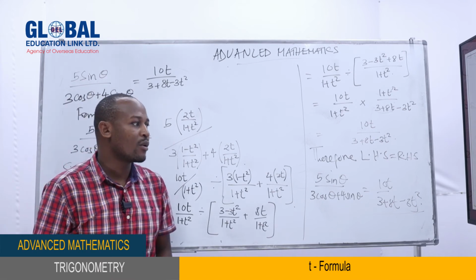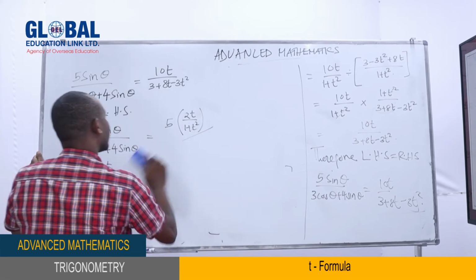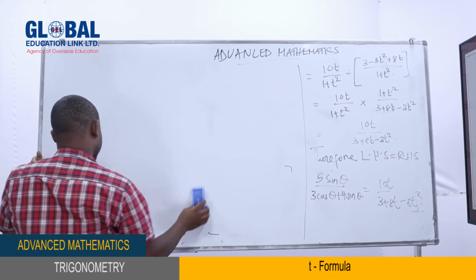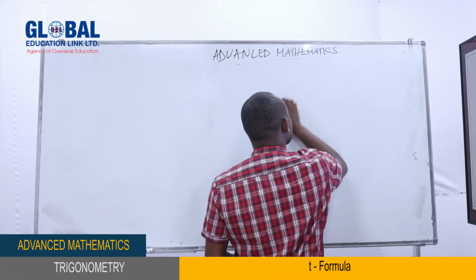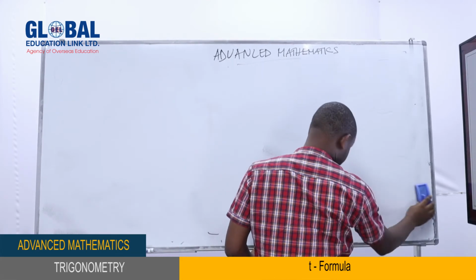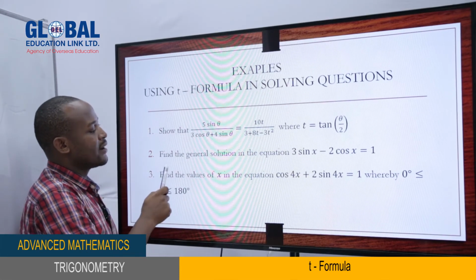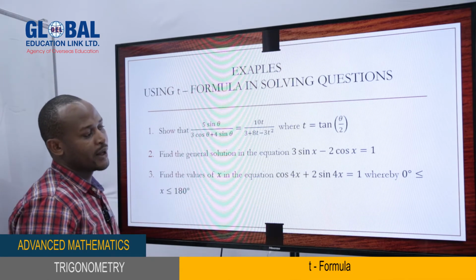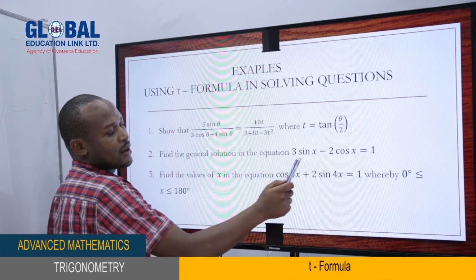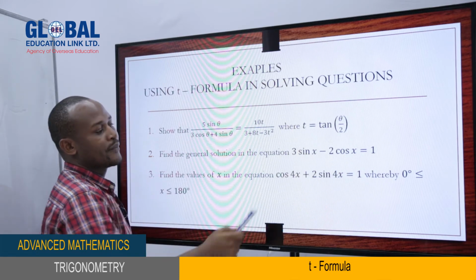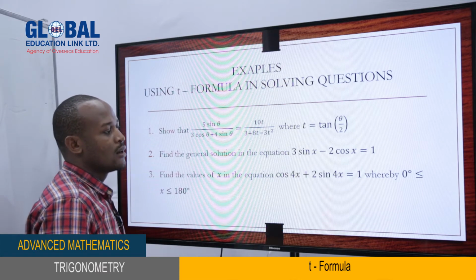Now let's see the next example. How can we solve the next example? The next example tells us to find the general solution in the equation, as I said earlier, of that nature, where 3, -2, and 1 are constants and x is an angle, an equation of that form, as I told you before.